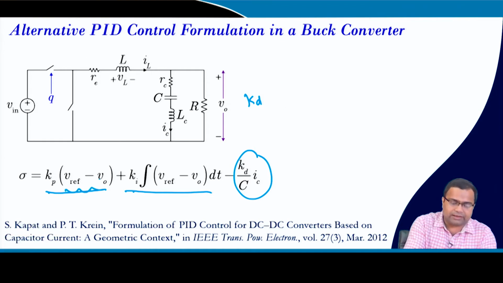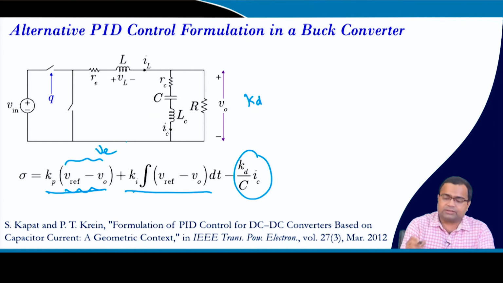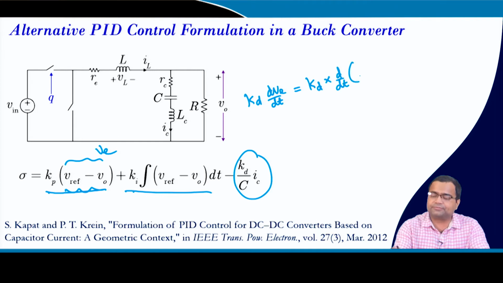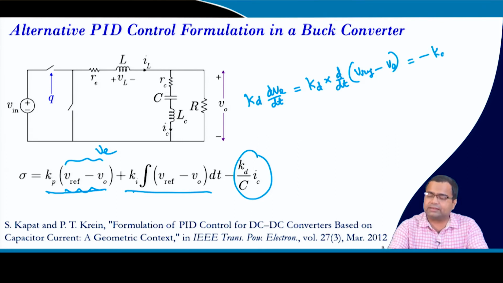So, this is our error voltage. So, we took Kd dVe/dt, that means Kd into d/dt of (Vref minus V0), and it is simply minus Kd into dV0/dt.